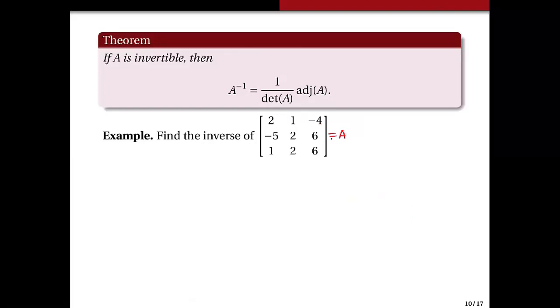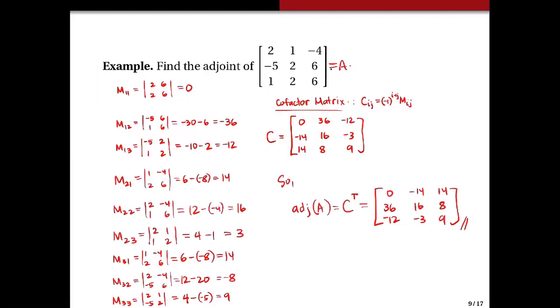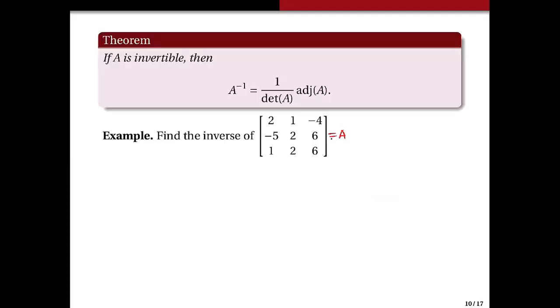The adjoint of A is given by this here. So all we need to do now is find the determinant and then divide all the entries of the adjoint of A by the determinant. And that will be the inverse of A. So what's the determinant of A now?